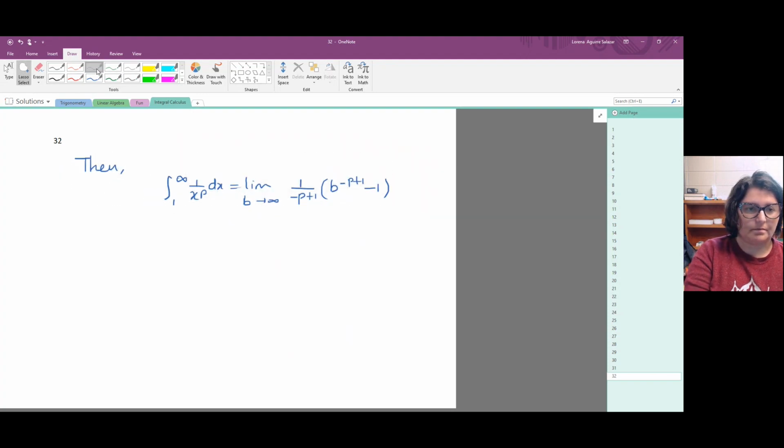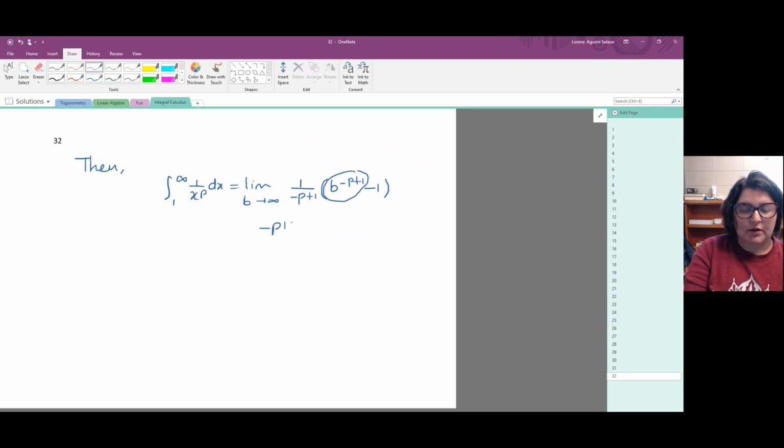And what we can say at this point is that when b is huge, and remember p is different from 1, p can be any positive number different from 1, this term is going to go either to infinity or to 0, depending on the sign of negative p plus 1.